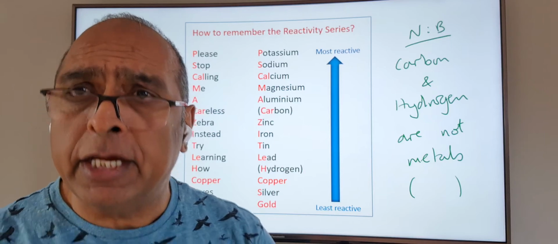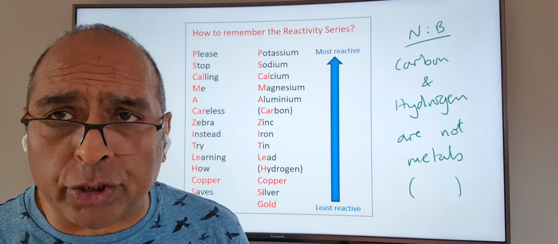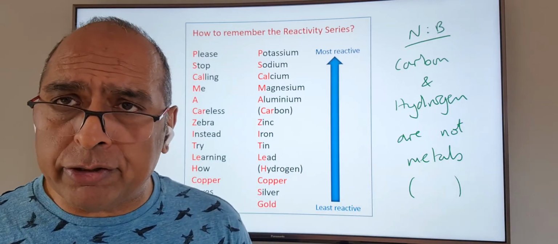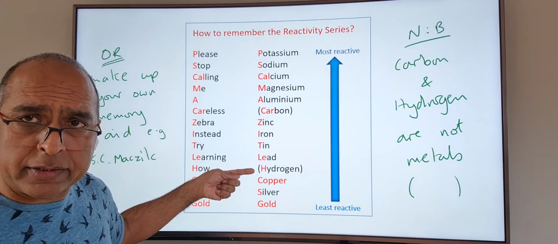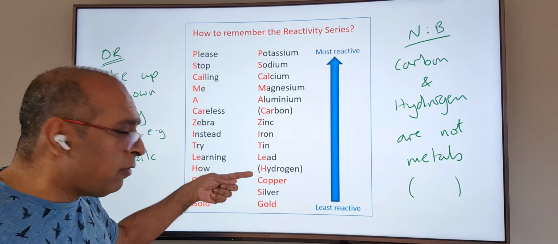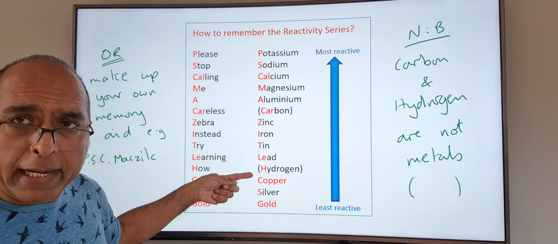It'll be able to do that displacement that I talked about. It will be able to make for you the salt, and pushing out the hydrogen, you'll get bubbles of hydrogen coming off. So knowing where hydrogen is allows you to guess, if you know the metal is above or below hydrogen, whether there will or will not be a reaction.